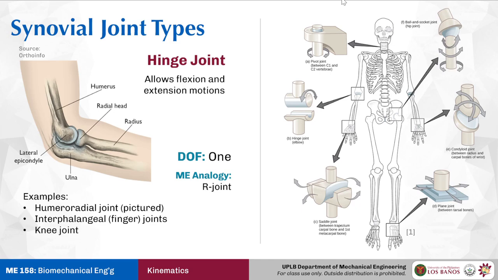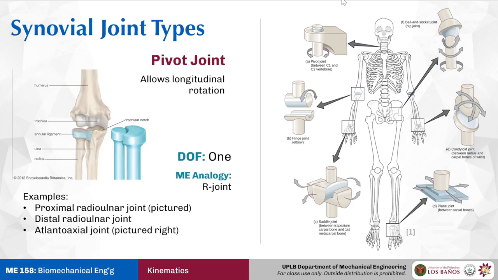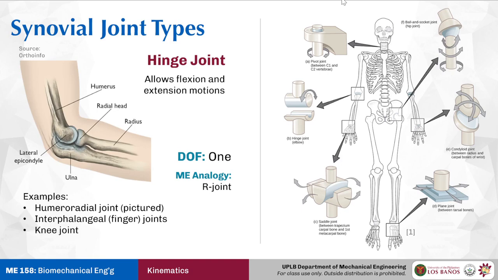Now, among the joints in your body, the hinge joint is not the only one that acts like an R joint. We also have what we call the pivot joint. The difference between these two is that the hinge joint allows a change in angle between the connecting bones, so it allows flexion and extension.